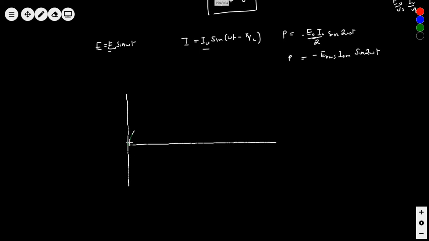So this is the current now. Let me plot the current. This is the current changing. I am showing only one cycle of AC. I need to draw this very carefully because there must be no mistake here.